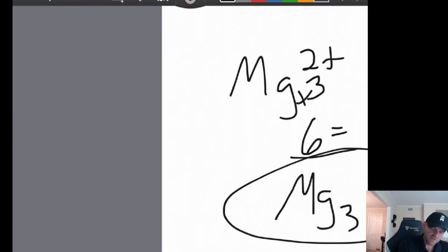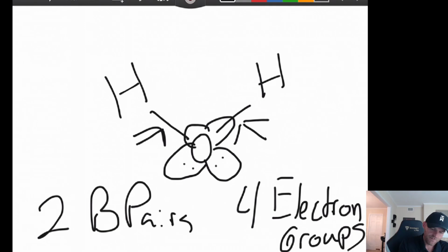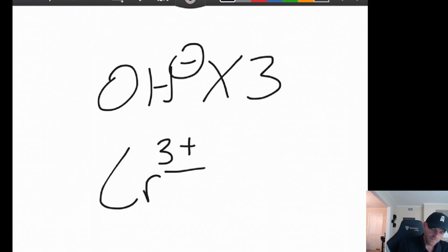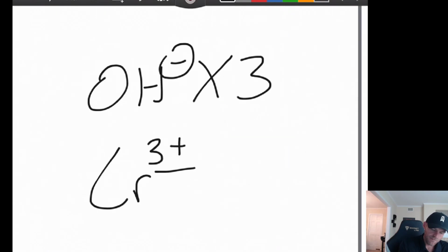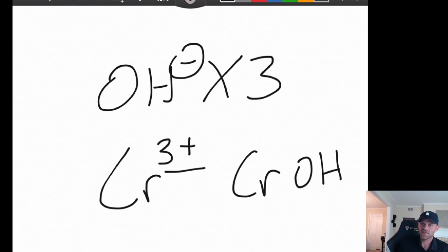Did I ever write chromium hydroxide? If chromium had a 1 minus charge, I could just write chromium hydroxide like this. But since there were 3 hydroxides, I needed to put it in parentheses.